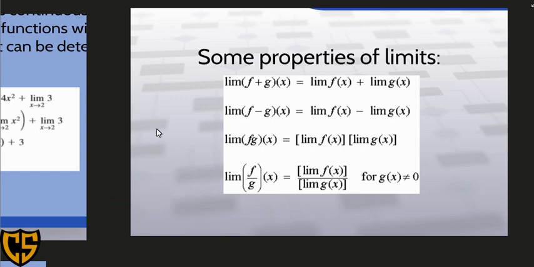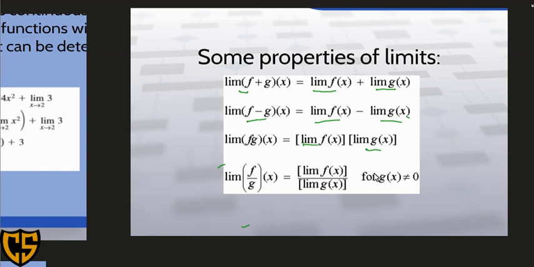We have the limit of a sum: if you are asked to find the limit of f plus g, you take the limit of f of x plus the limit of g of x, then add them. The same goes for subtraction: the limit of f of x minus the limit of g of x. For multiplication, find the individual limits and multiply.